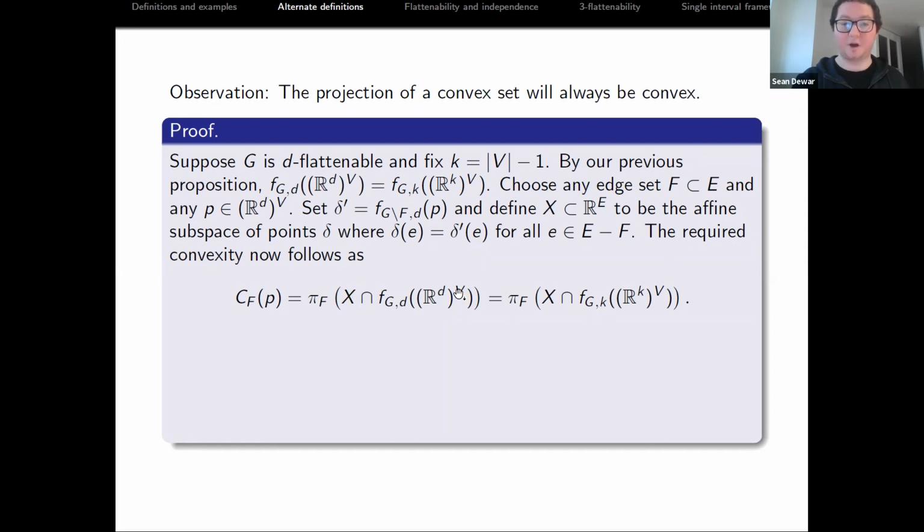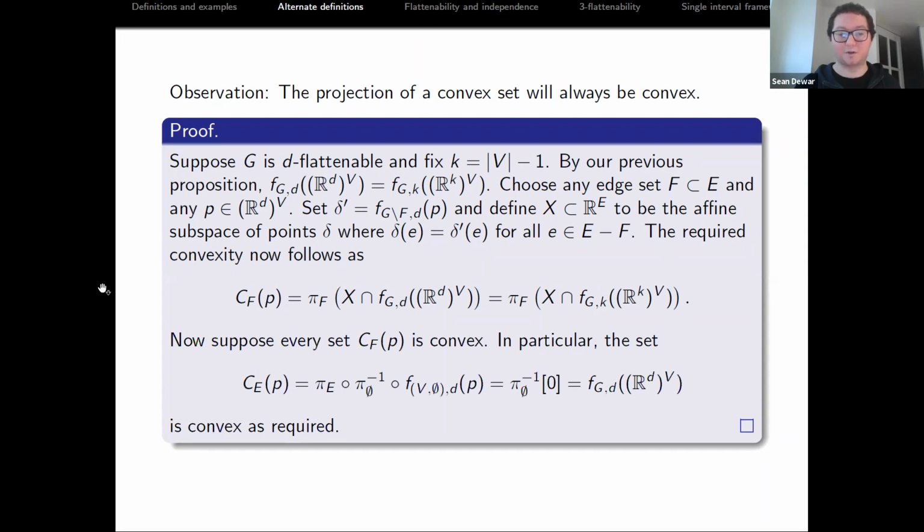Well, because G is deflattable, this is equal to this. So we now have that this is equal to this. Now this is an affine subspace intersected with a convex set, and we're projecting it. So that means that this still has to be a convex set, and therefore this is convex, and we're done.